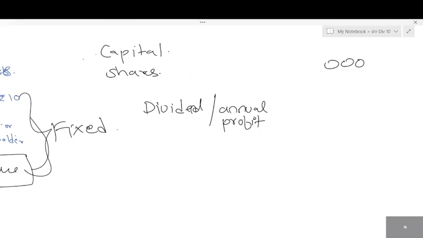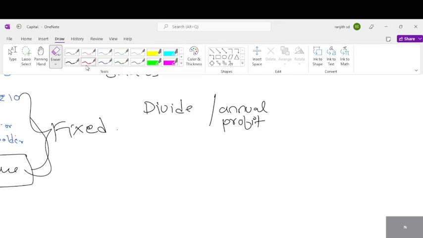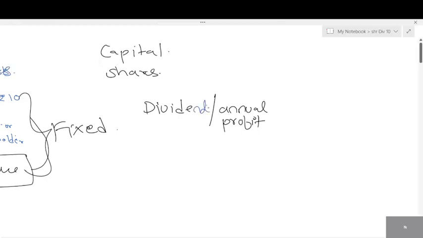Every 1 year they calculate dividend or annual profit. So if the company is in profit, all the shareholders will get a part of this. That is what we call dividend. It's just an annual profit each and every shareholder gets. That is one point to remember.